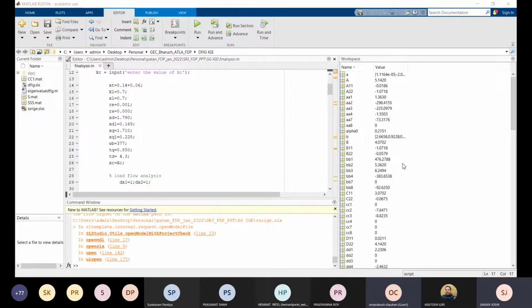Yeah, it is running, I think. Let me see whether it is giving any error or not. Yeah, it has run. Very nice. No error. No, it has run. Fine. I was worried actually.